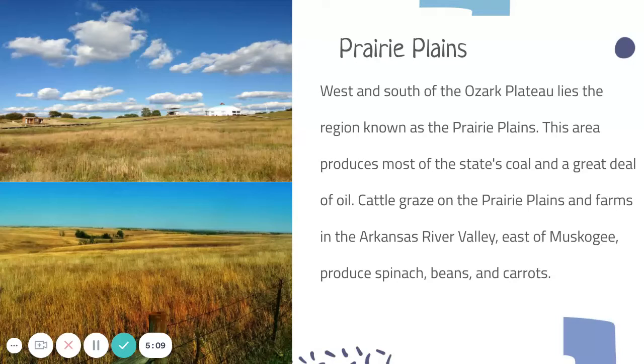There's more distinction. Well, when we look at the Prairie Plains, we see that it is west and south of the Ozark Plateau. This area is the primary leader in coal and oil. Remember, what did I say coal is used for?